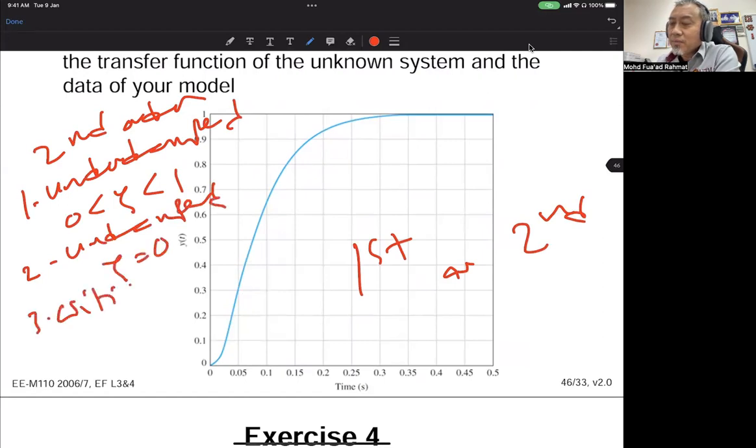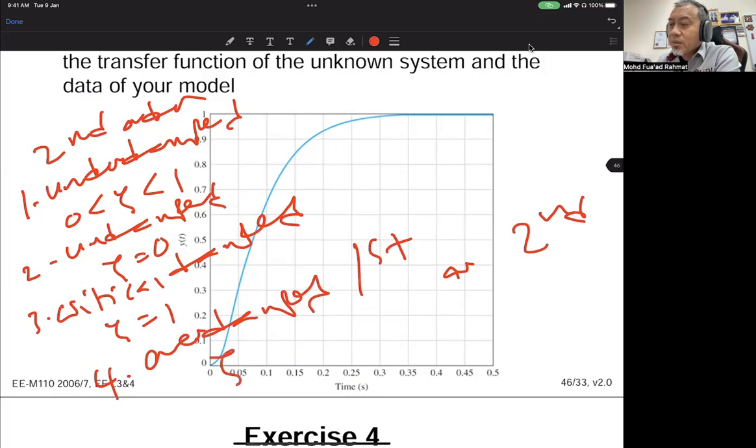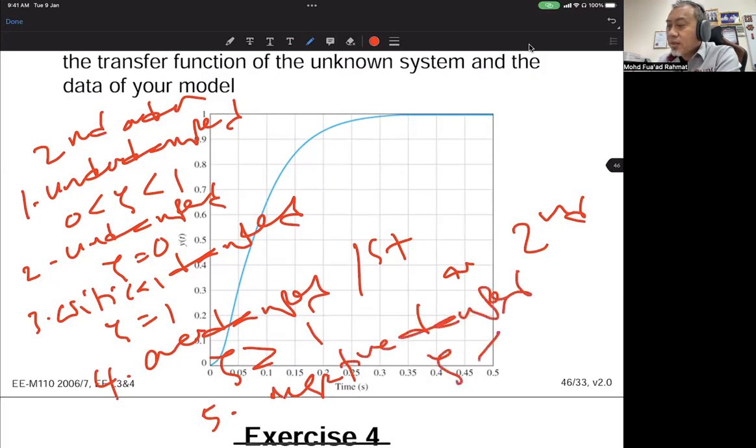And critically damped, where zeta is equal to 1. Then overdamped, where zeta is greater than 1. And number 5 is negative damped, where zeta is less than 0. Negative is unstable. Okay, unstable.